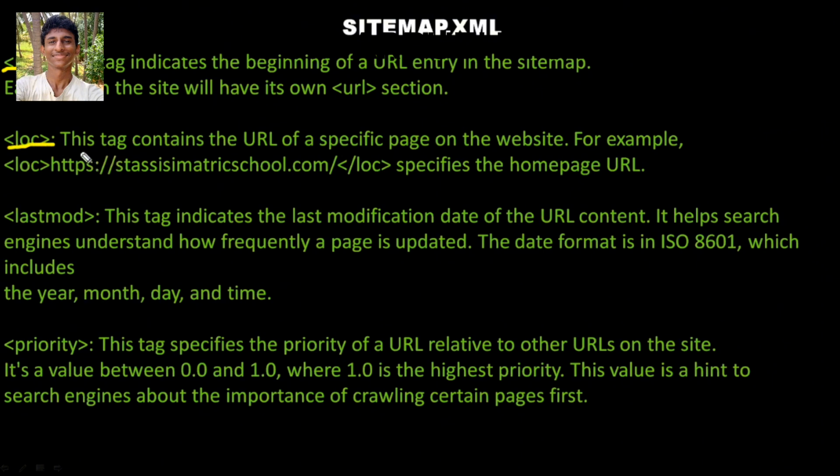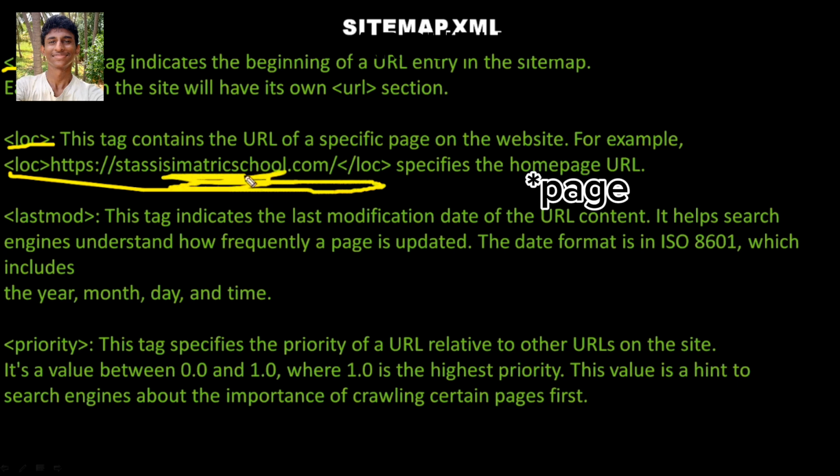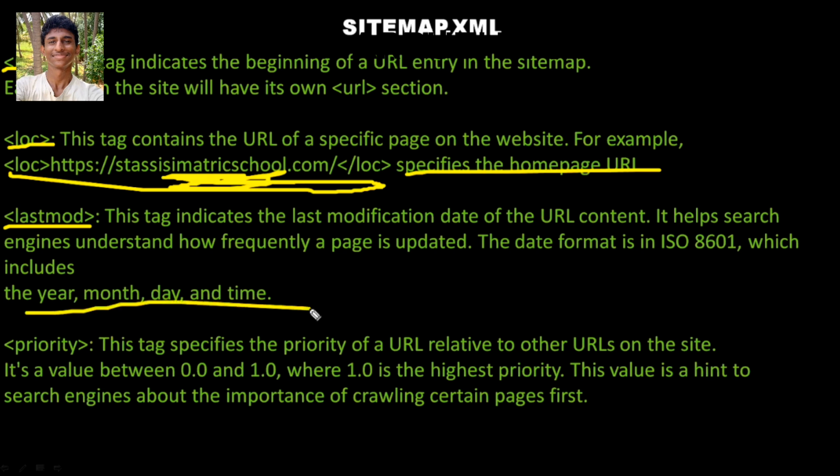Then we have LOC. This tag contains the URL of the specific page on the website. For example, you can see that it contains the home page of my school. Then lastmod, which contains the last modification date of the URL, like year, month, day, and including time. Then we have the priority.